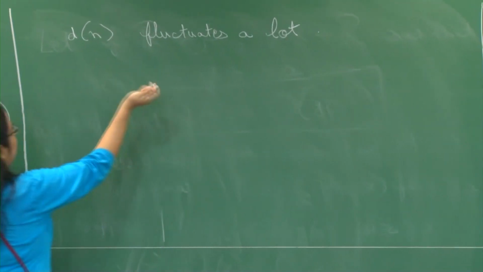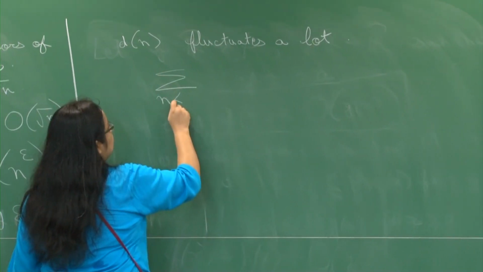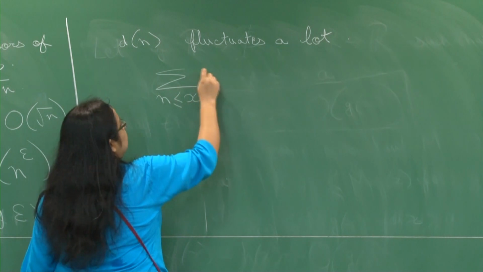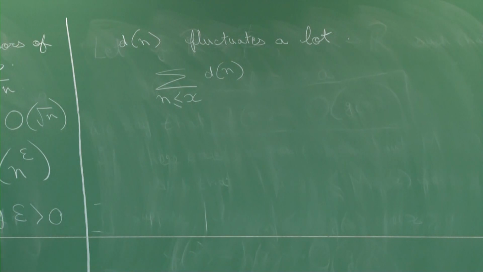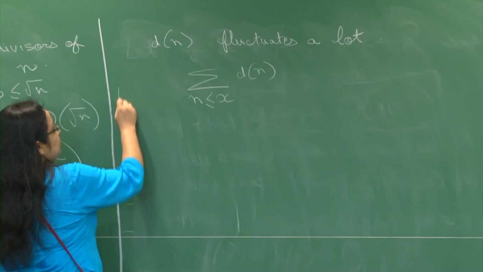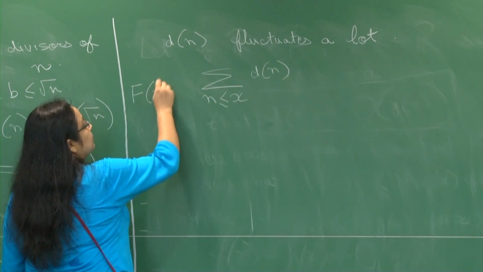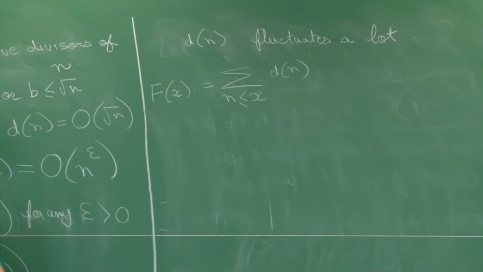So, let us take the following. Let us take summation n less than or equal to x d of n, and let us ask how this function grows. Let us call this capital F of x. How does this function grow with x?